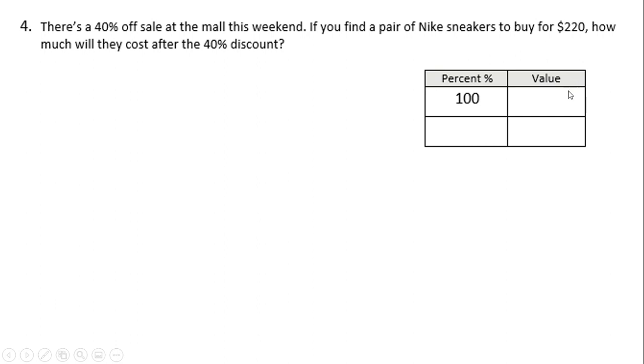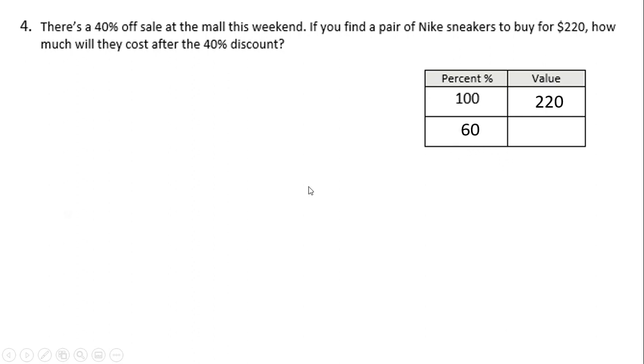But we don't have to pay $220 because there's a 40% discount that weekend. If we get 40% off, what percent will you pay? 60%. We're not paying 40, we are paying 60. Together those would make 100%, hence the fluency that you practiced.